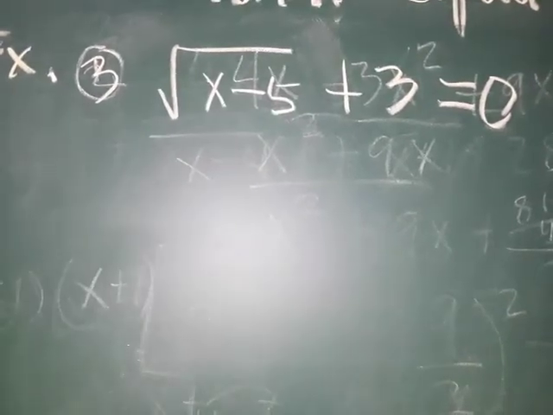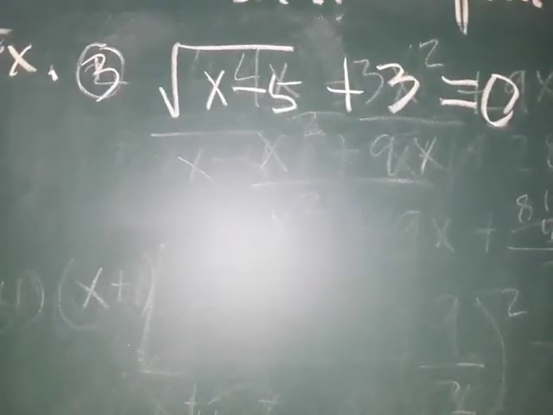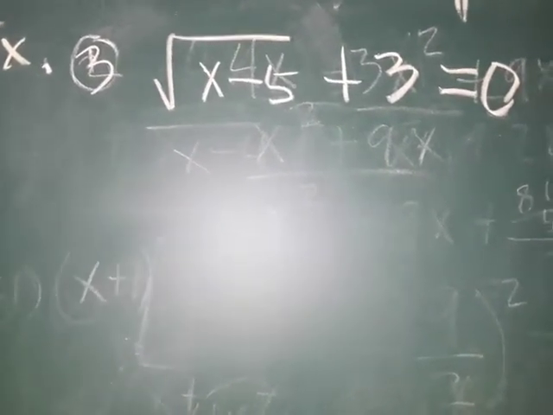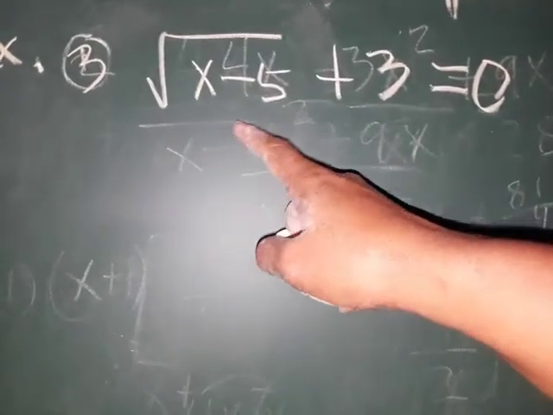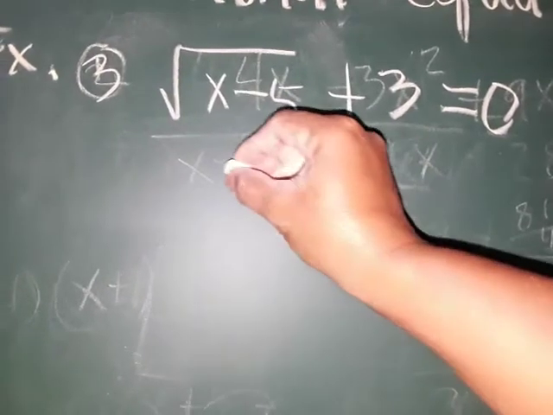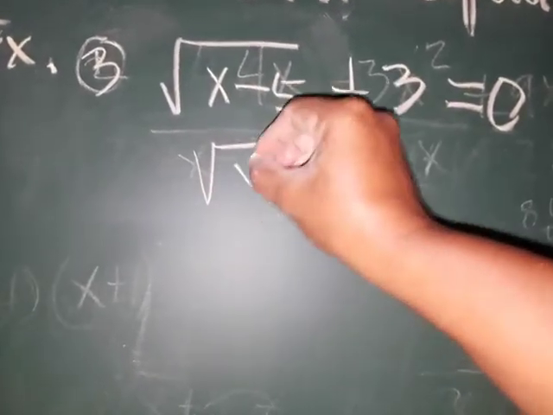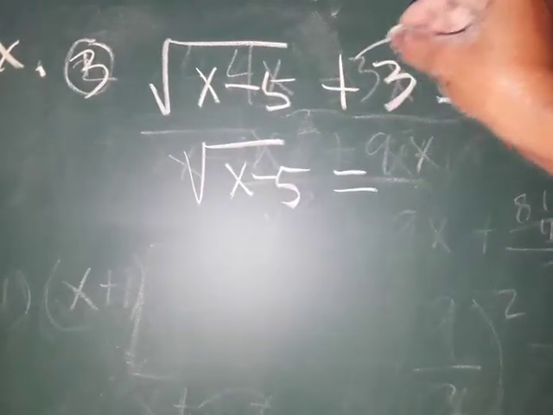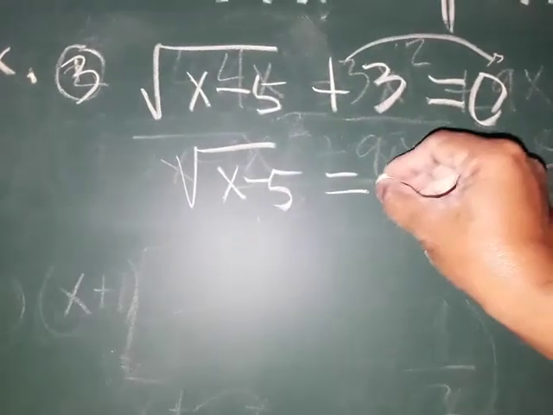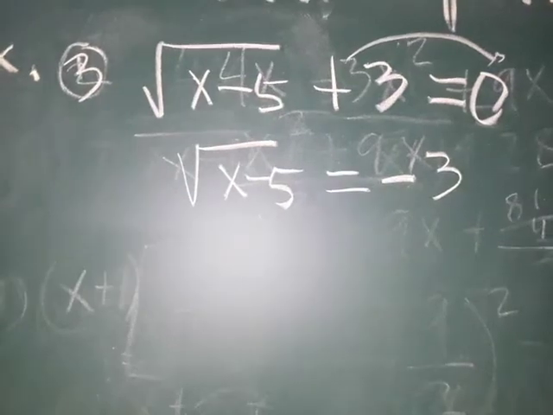Okay, so gaya ng steps na binanggit ko kanina, meron tayong 4. So una ay i-isolate natin ang radical sign on the other side. So, square root of x minus 5 is equal to, transpose to the other side, becomes negative 3.